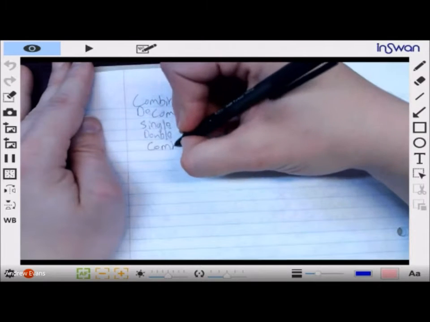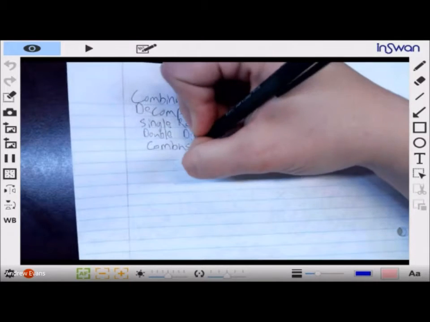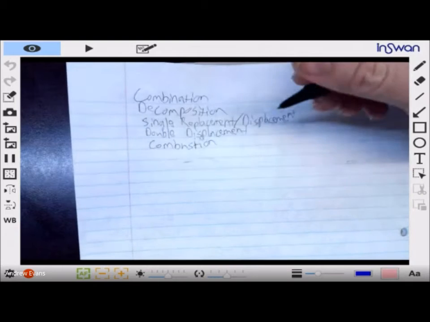Those are your main categories of many different types of reactions.